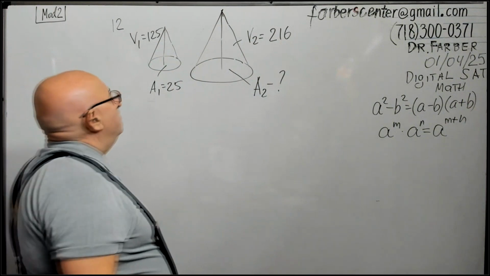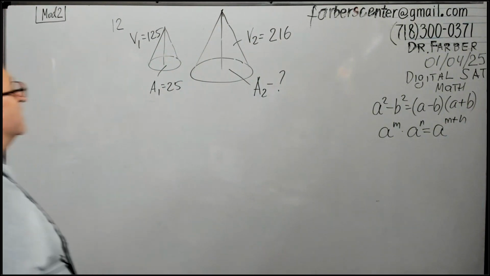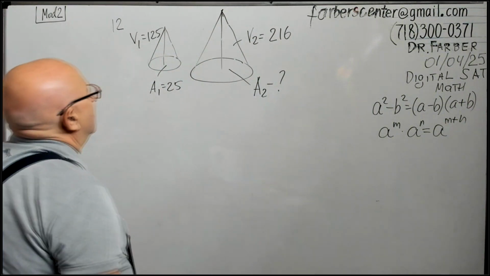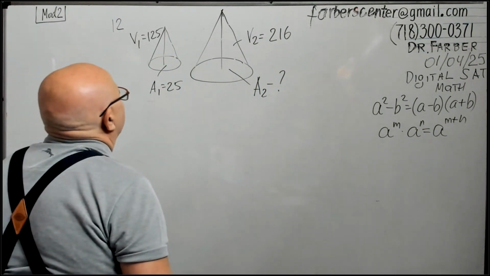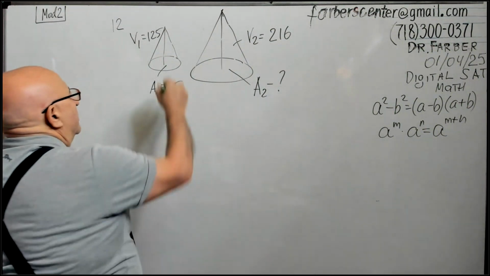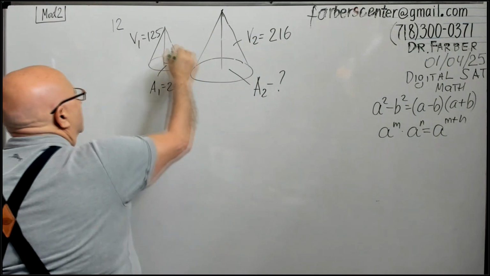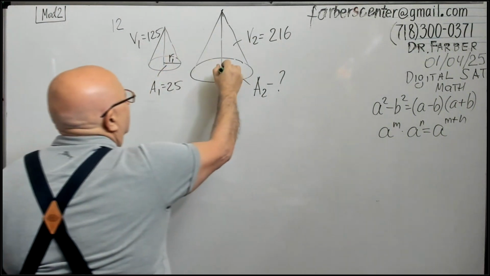Step number 1. If two solids are similar, then ratio of their volumes equals the cube of linear ratio. Pretend this radius 1 and this radius 2.